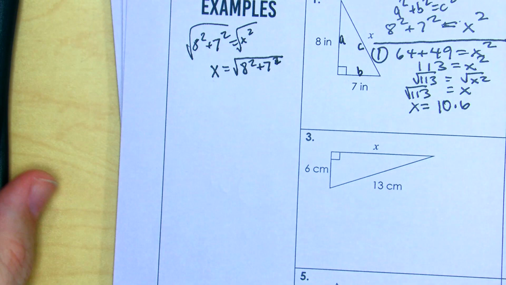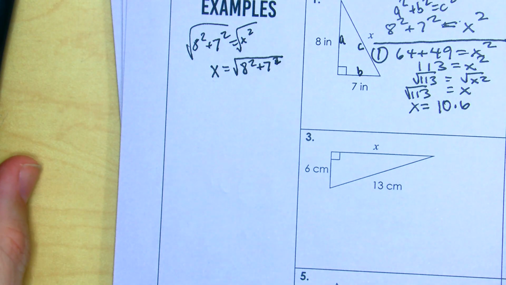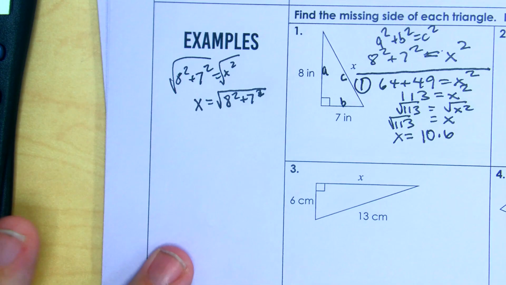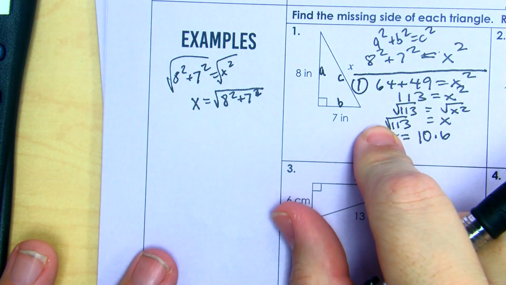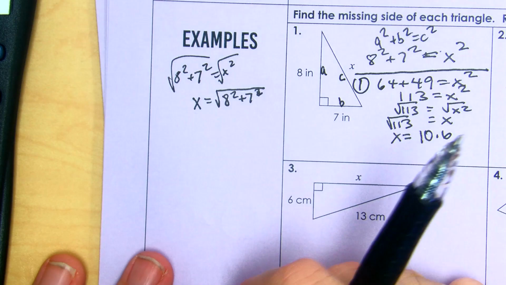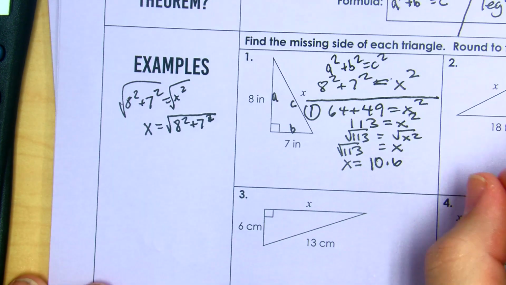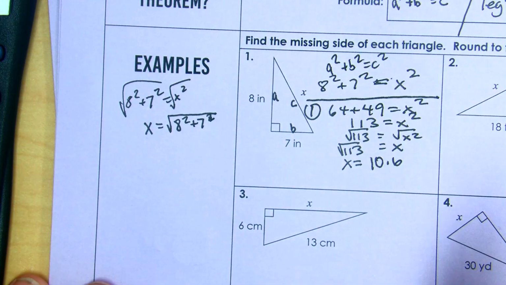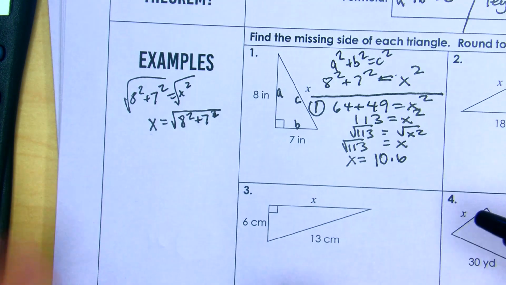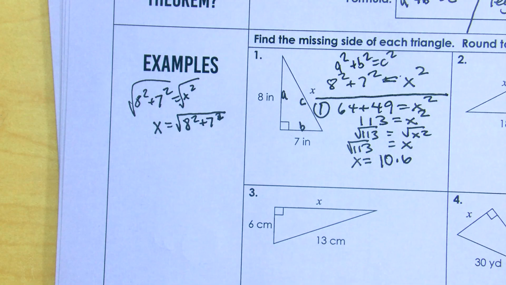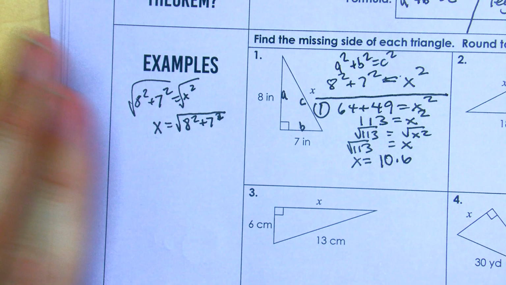And the more approximations you get and the more rounding you do early on, the farther away from the actual answer you're going to end up. So keep things like the square root of 113 until you actually have to calculate that out. I always say use the calculator and use rounding at the end of the problem, not at any of the steps, because you'll just end up being farther and farther away from what is actually the answer.